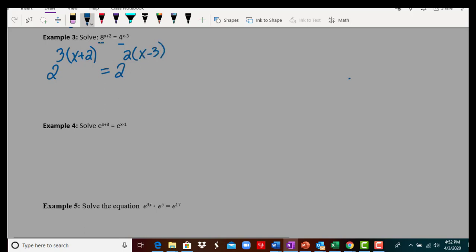Okay, so again, you see that you have to change sometimes both bases in order to receive your same answer. So now, if I have the same base of 2, these 2's drop away because they are the base. And now I am left with 3 times x plus 2 equals 2 times x minus 3.